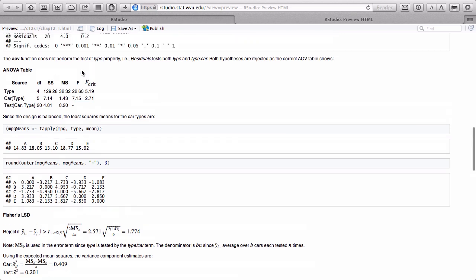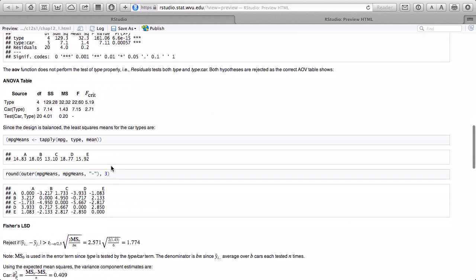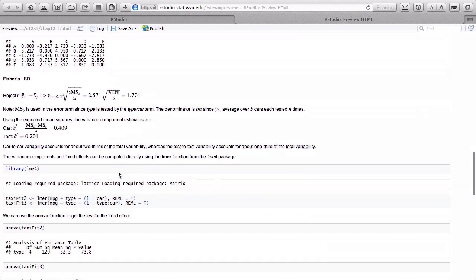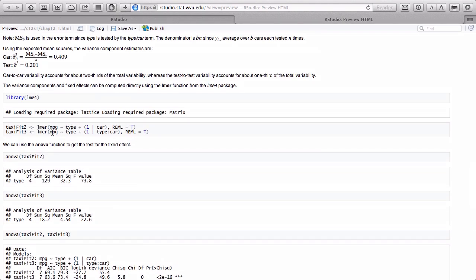But that wasn't what I originally had from the R output. Notice the 161. So JMP does it correctly.